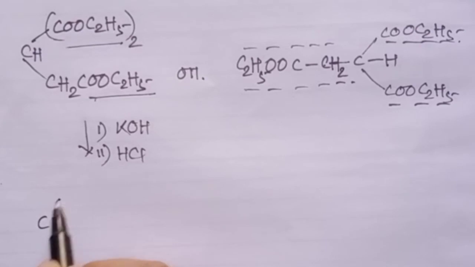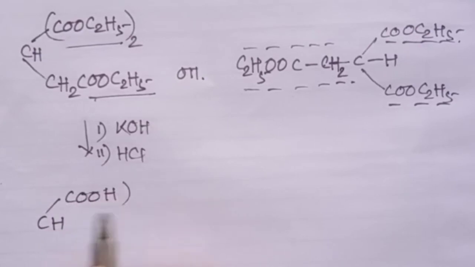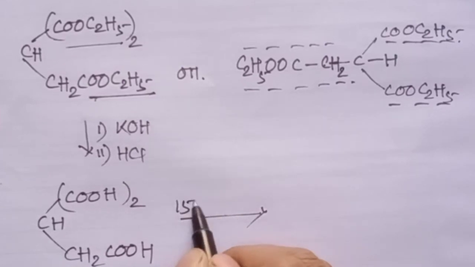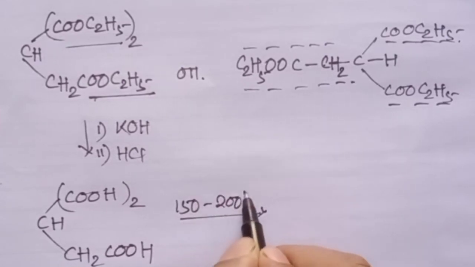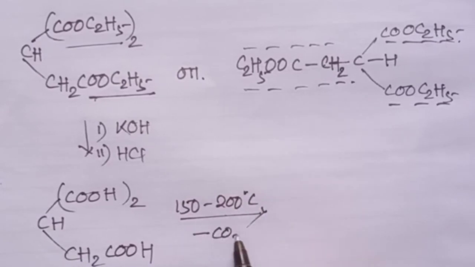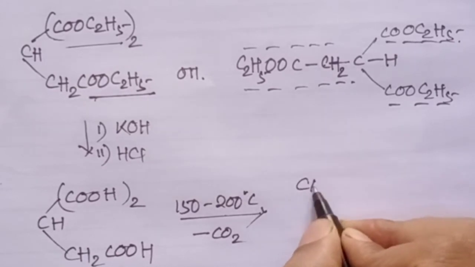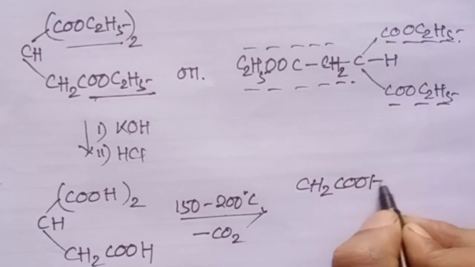So CH(COOH) whole 2, and then CH2COOH. Just hydrolyze the ester. When I heat it around 150 to 200 degrees centigrade, it will lose carbon dioxide, and hence the ultimate product will be CH2COOH.